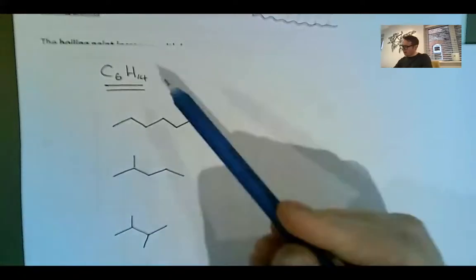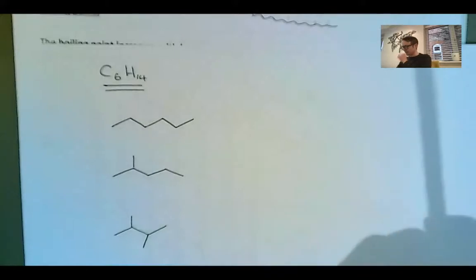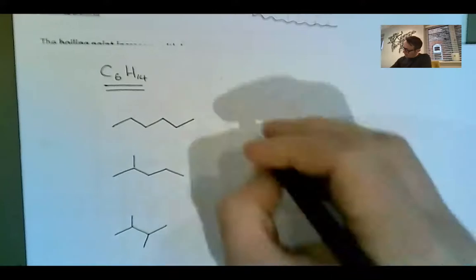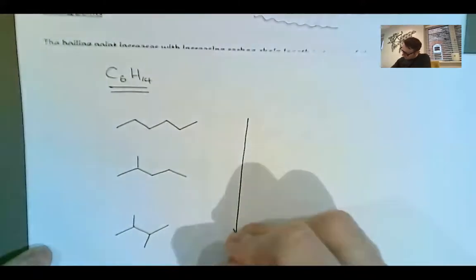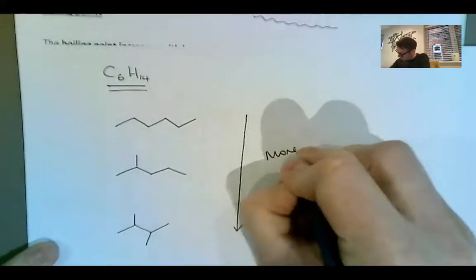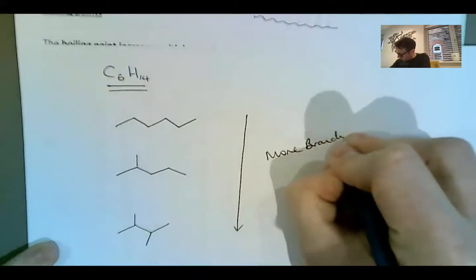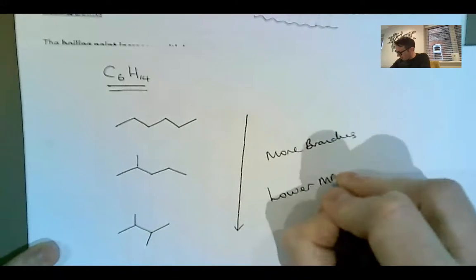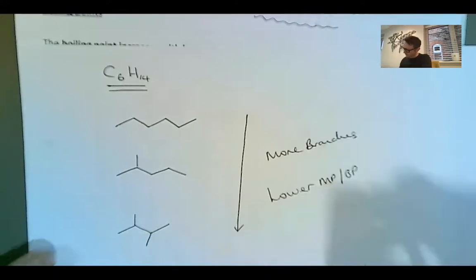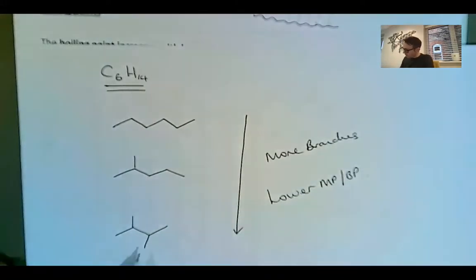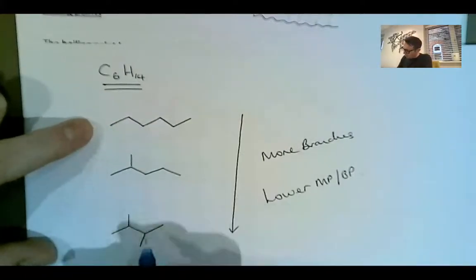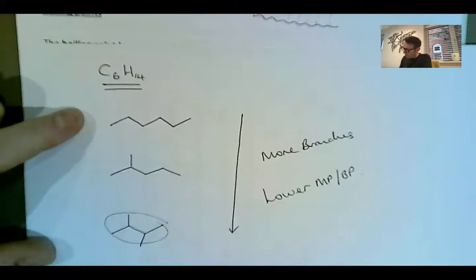Even though they've got the same mass and the same number of atoms and the same number of electrons, these are going to have different boiling points. And the rule is the more branches, the lower the melting points and boiling points. That's because essentially you're taking long, thin molecules and making them shorter and fatter and rounder.